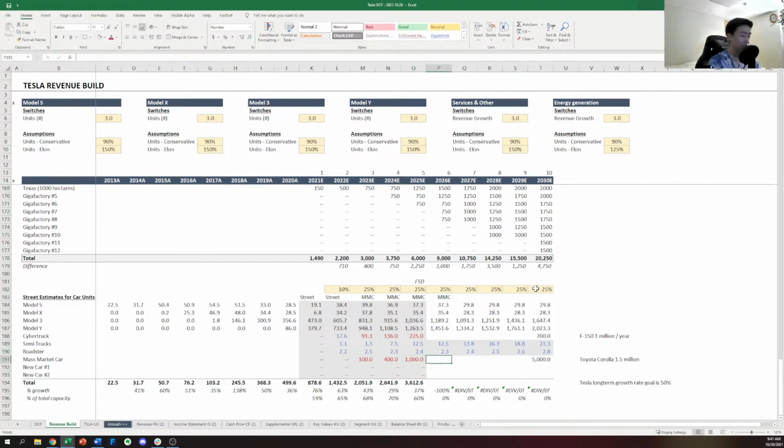Okay, mass market car. So this needs to get to 5. I mean, that's already so aggressive, but we're just going to have to start aggressively adding a bunch of numbers here. So let's say this grows by 1500 and then by 750.